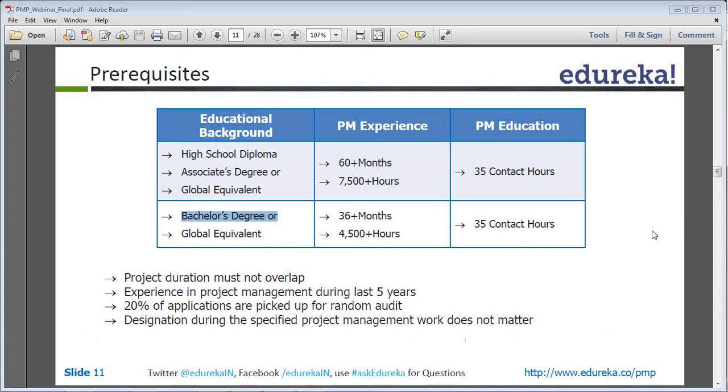The reason is that, as I said, the certification endorses that you practice project management as professed by PMI. If you are not an experienced person, anyway, this certification is not for you. In that case, you can go for CAPM.